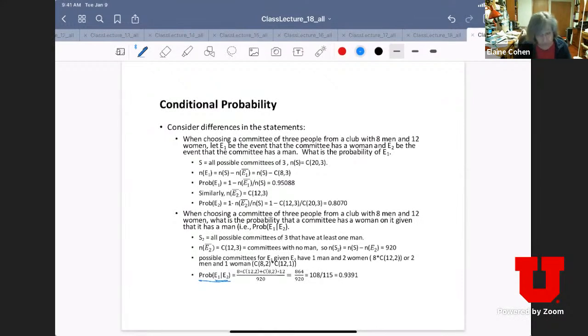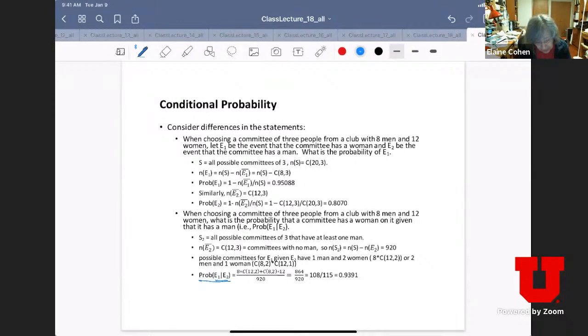So let S2 be the possible committees of 3 that have at least 1 man. Do we know how many people are on that? At least 1 man. Now the number of committees in E2 complement, what's E2 bar?